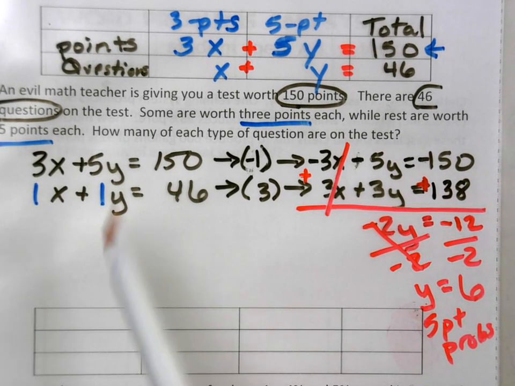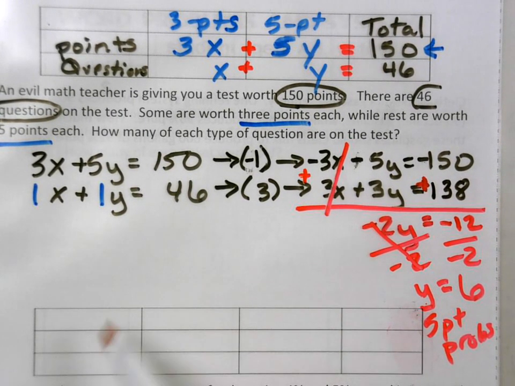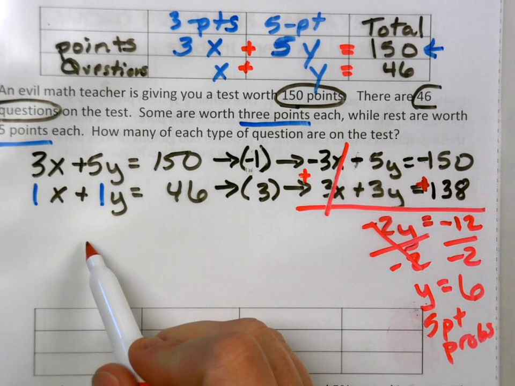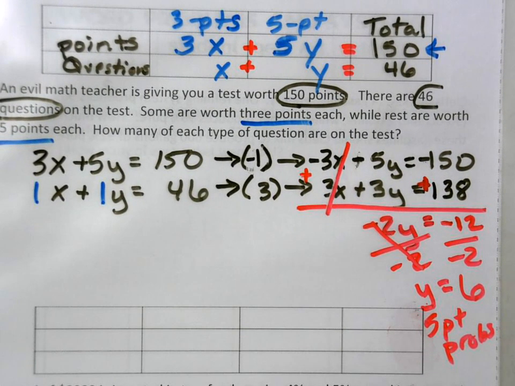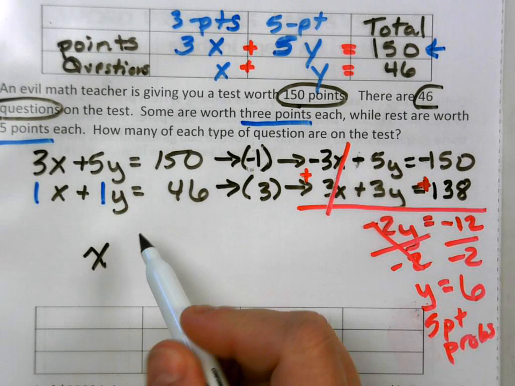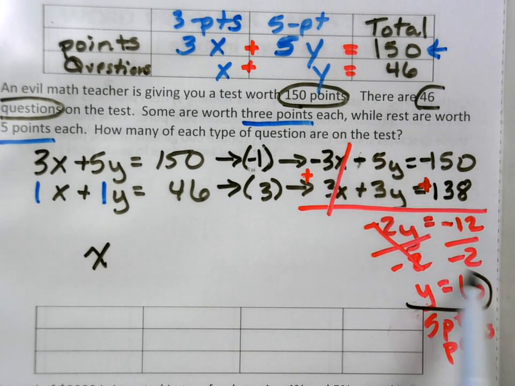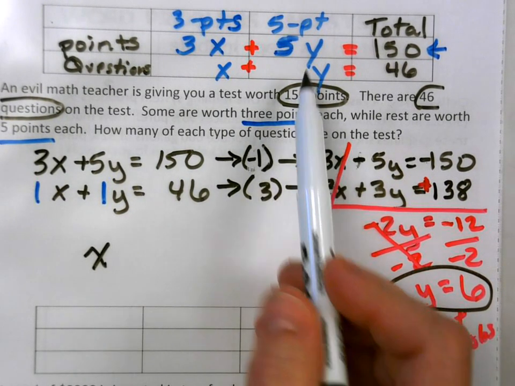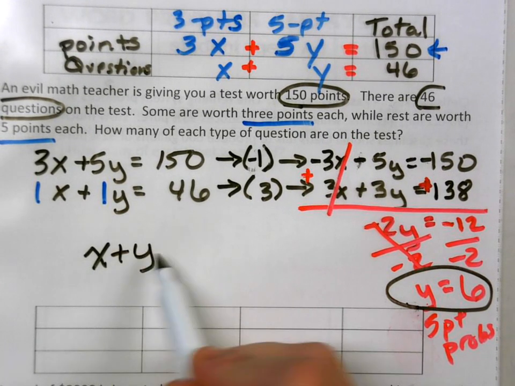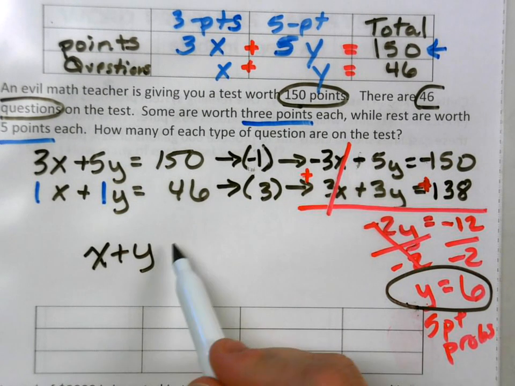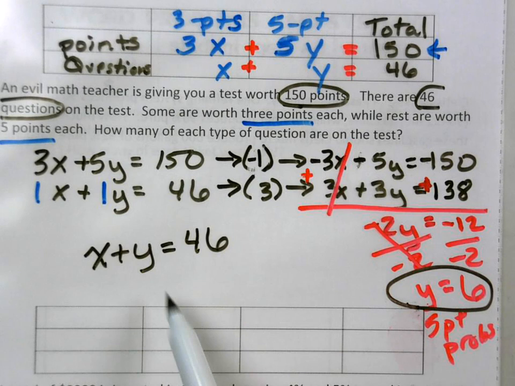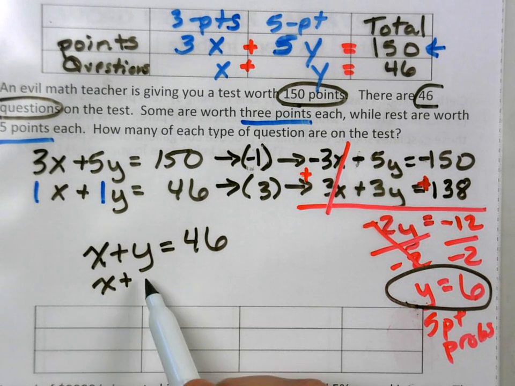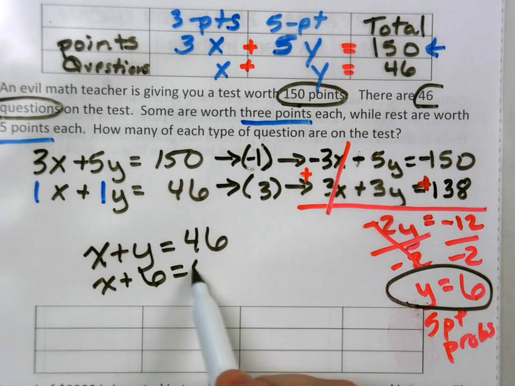So then how do I figure out how many 3-point problems I have? Yep, go back and substitute this 6 in for my y up here. So I'm going to use this one because it's easier, right? So x plus y equals 46. So x plus 6 equals 46.